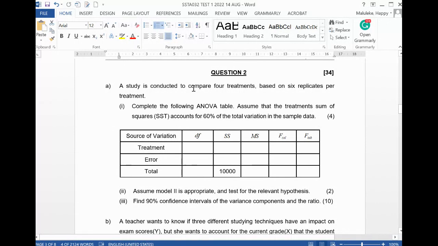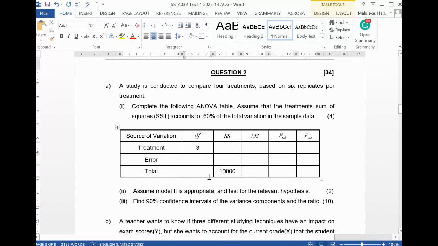It says the study was conducted to compare 4 treatments, which means the degrees of freedom of the treatment is 3, based on 6 replications per treatment. So 4 by 6 is what? It's 24. 24 minus 1 is 23. It means this one will be 20. I'm getting this information from this statement.